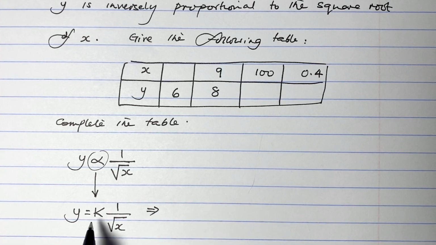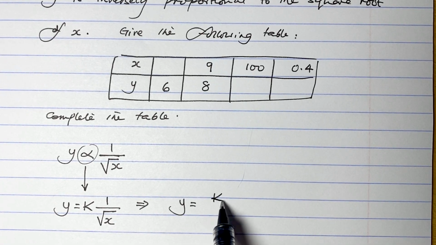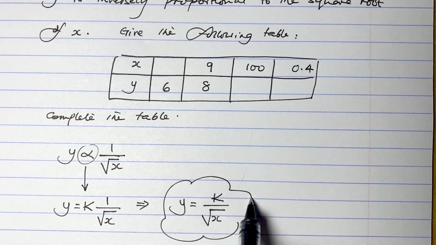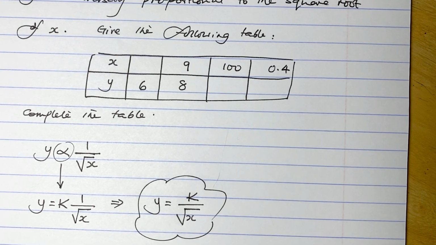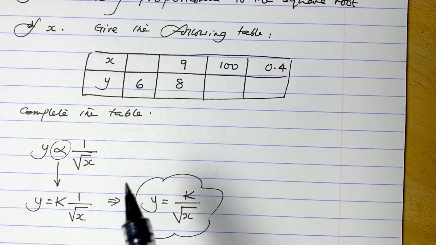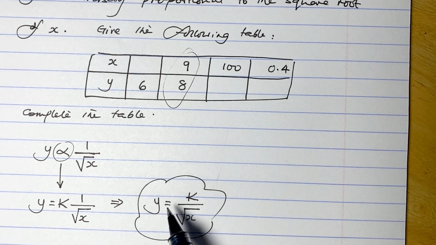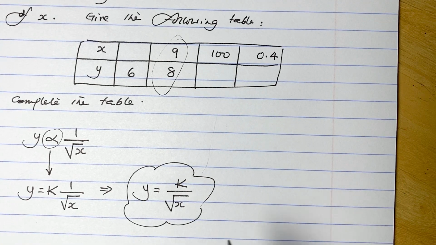And we also know that k belongs to the top. So the formula with the k to be found is this. Here we need to look for the boundary condition.